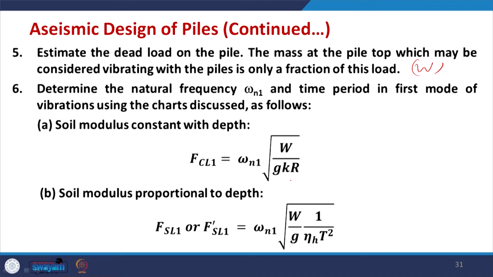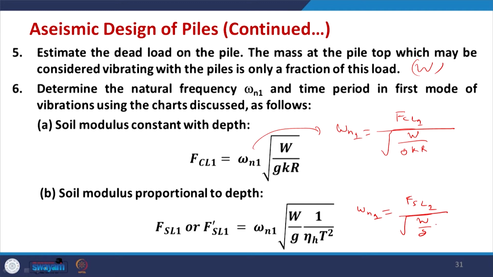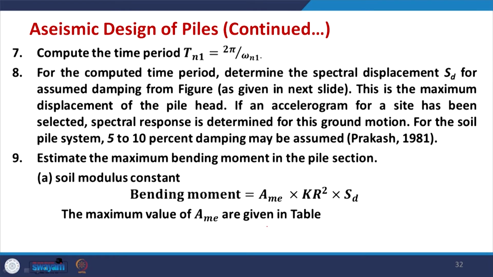So, using this data, you can estimate using this equation; the objective is to get the value of Wn1, and Wn1 can be found simply as FCL1 divided by the square root of WGKR. The same thing we do here also: in this case Wn1 is FSL1 or FSL1 prime divided by the square root of W by G into 1 over eta h T squared. In both these cases, the values of FCL1 and so on should be read from the charts which we have discussed earlier.